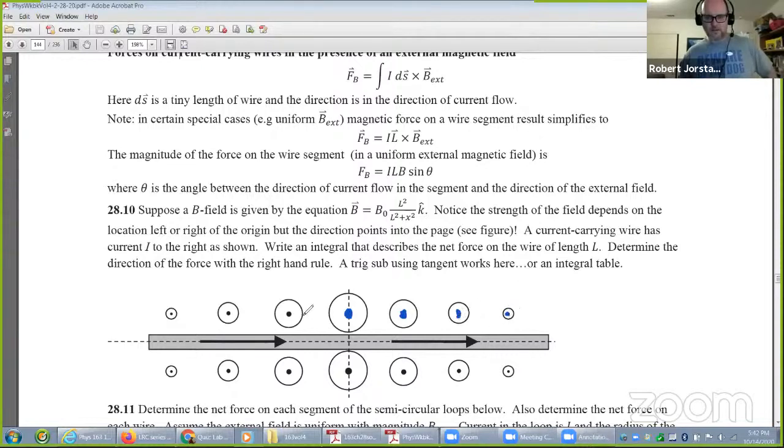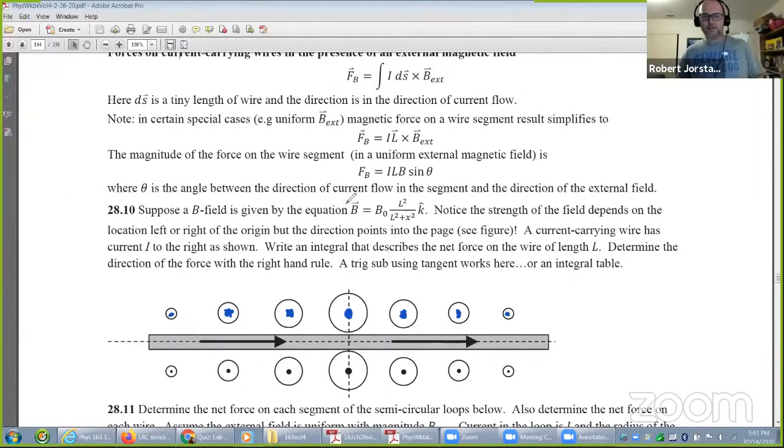And notice this B field is getting weaker as we get away from the center. This is very typical for permanent magnets. You take two bar magnets and stick them close to each other like this. The B field could point out of the page, and it would be very strong between the magnets and very weak far from the magnets. So this would be the B field of a horseshoe magnet. It might not be a perfect model, but it is a decent model.